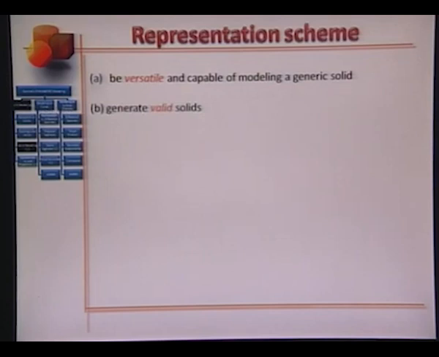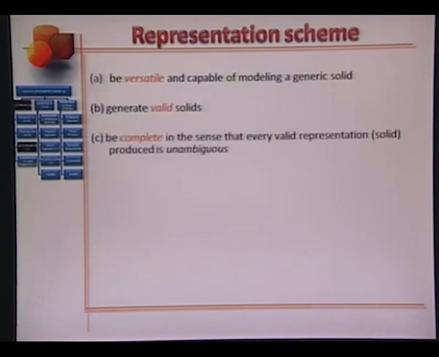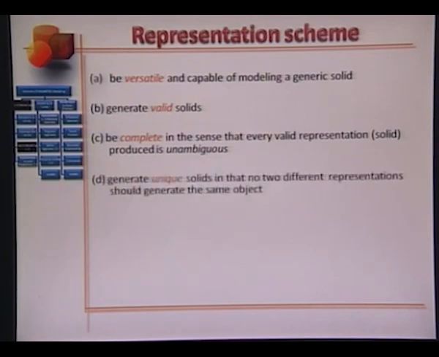A representation scheme should be able to generate valid solids. It should be complete in the sense that every valid representation produced is unambiguous. It should generate unique solids such that no two different representations should come up with the same object.